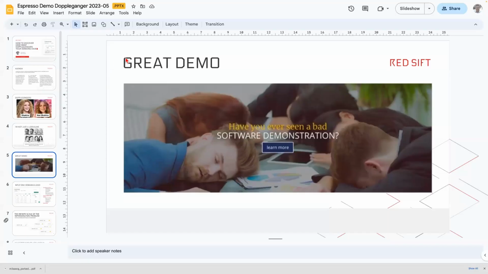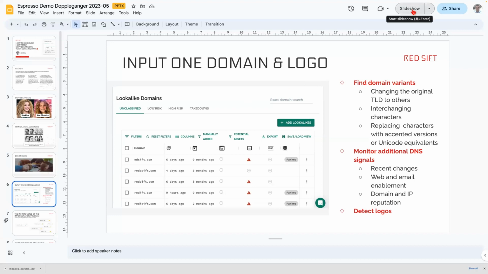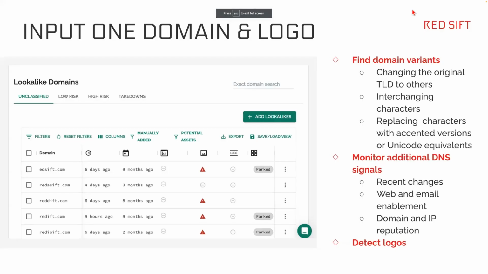So just a quick review of what you saw here, just to help this sink in. So the first thing is that it's very simple. We're letting you put in one domain and a logo, and then we're going through and finding all the variants of that, all the doppelgangers, right? All these different ways that come in here, and then looking at DNS signals for those.